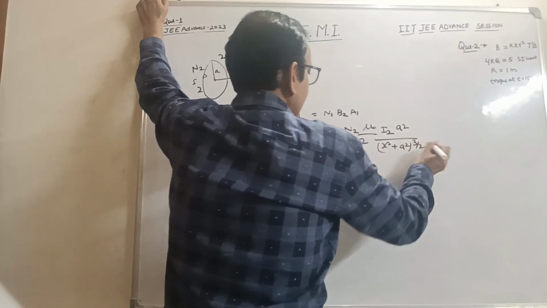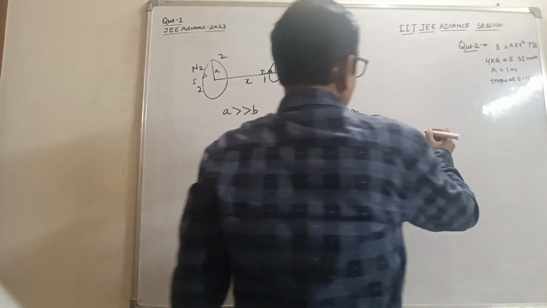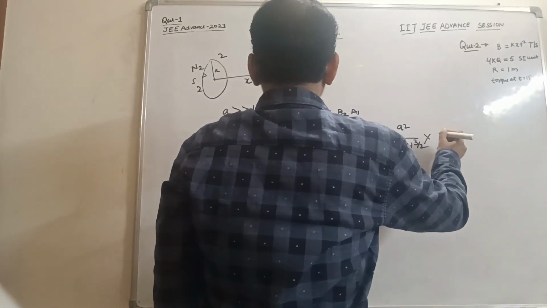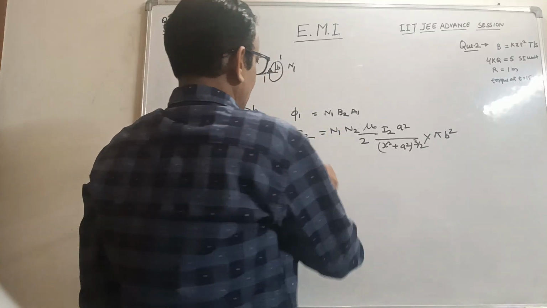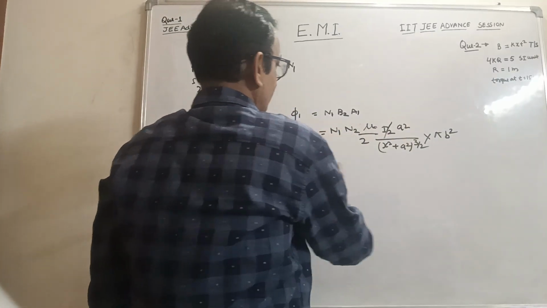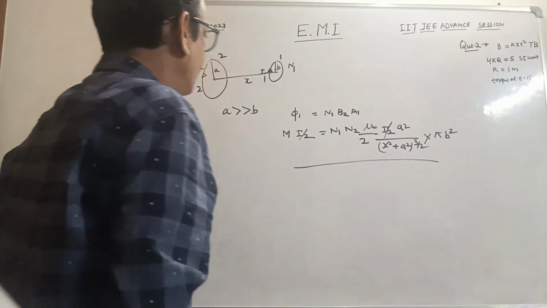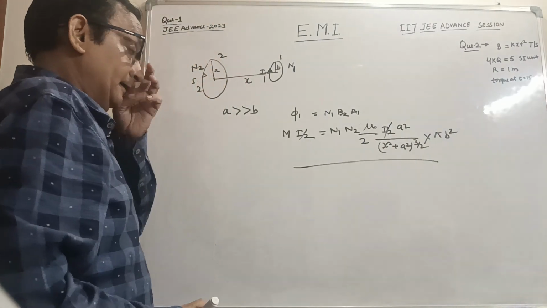This is the formula, and A1 is pi b square, the area of this loop. So I2 cancels, and this gives the result for mutual inductance.